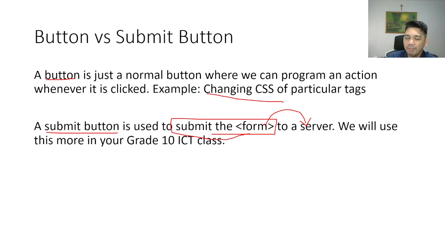So it's a bit heavier compared to what we actually need to do in this introduction stage. So we will not really cover the submit button right now. We will cover that in your grade 10 ICT class in web development. So just remember that a button is used to generate actions, while a submit button is used to submit the whole form.